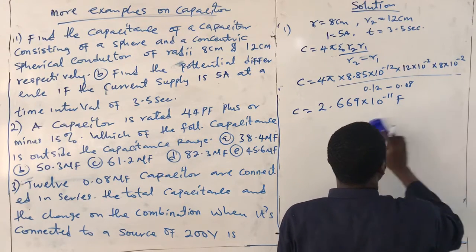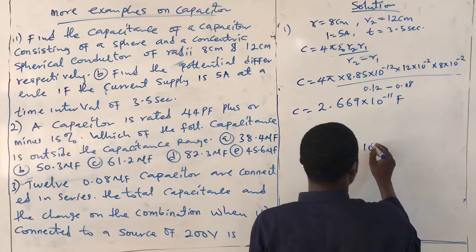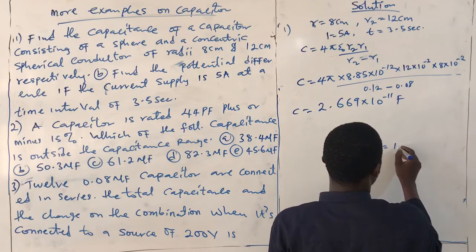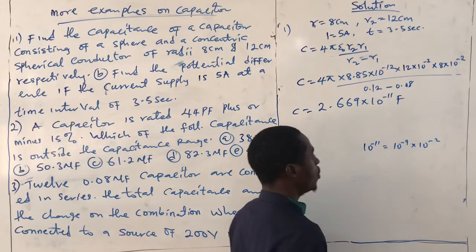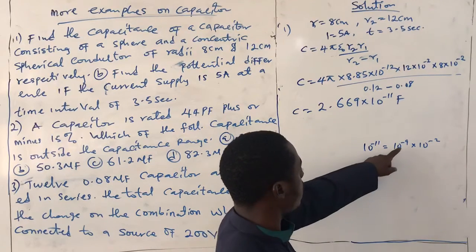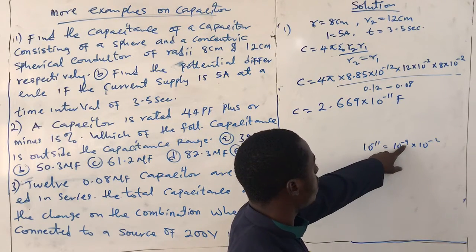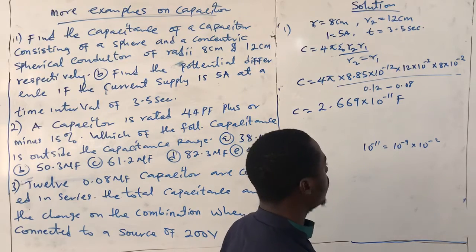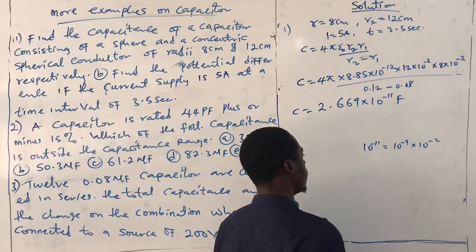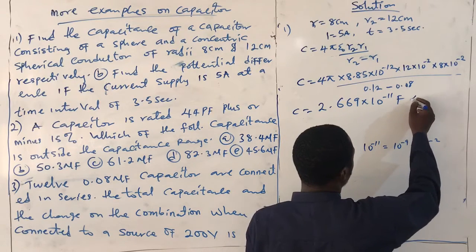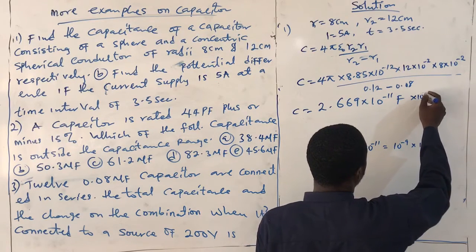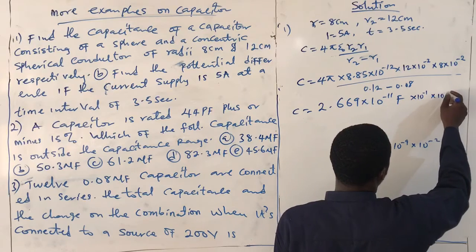Sorry, 10 raised to power minus 11 is the same thing as 10 raised to power minus 12 times 10 raised to power 1.